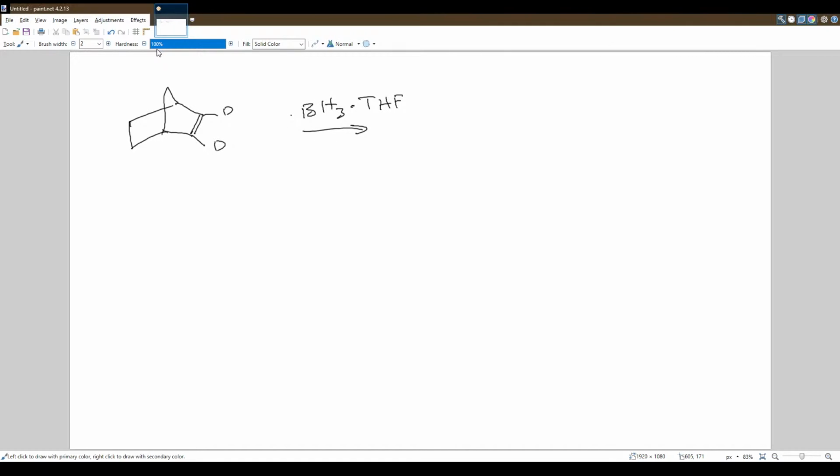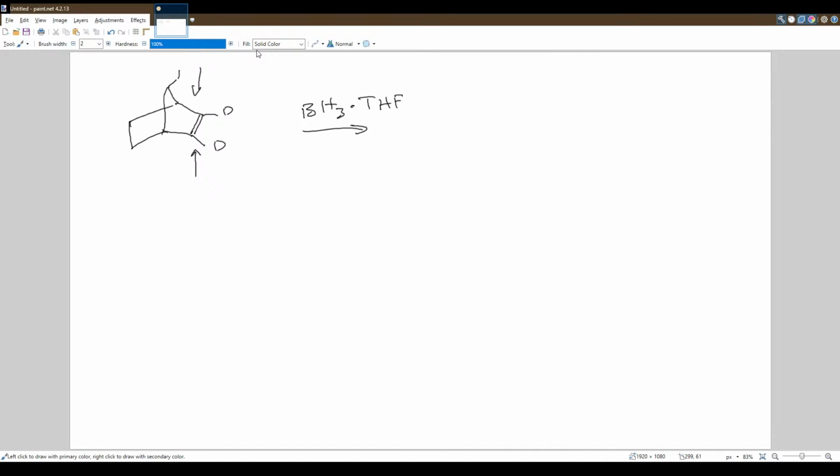We have to give the structures of the products. Okay, so now the question is, which side does the boron attach to? Is it from below or from above?